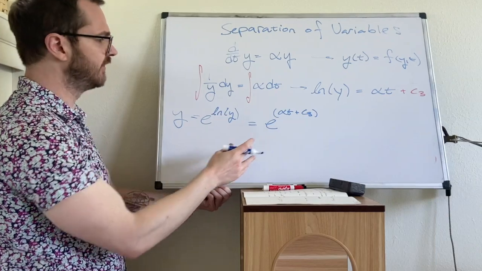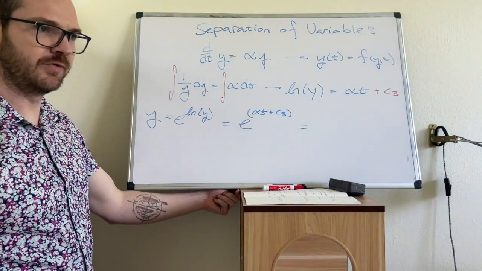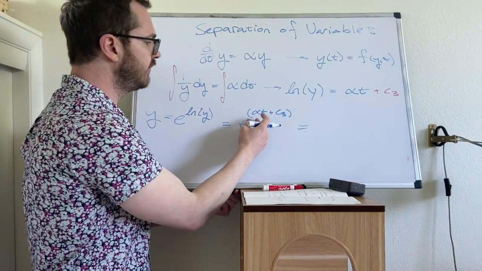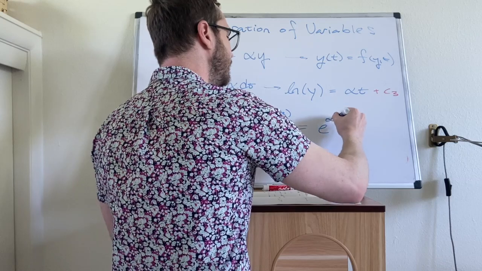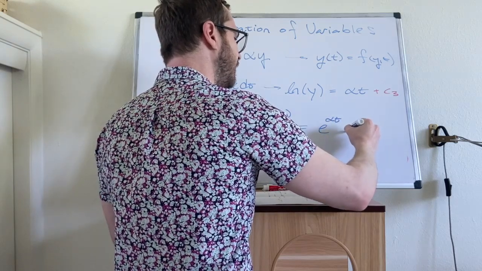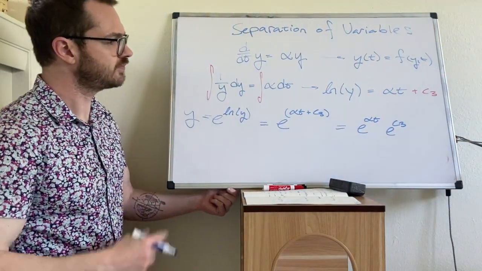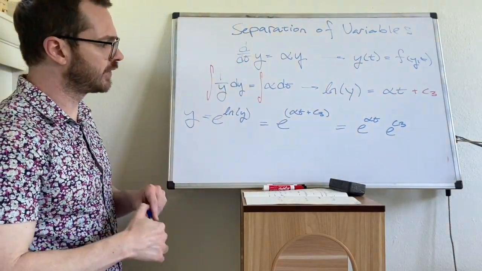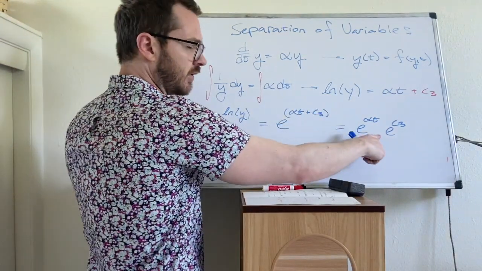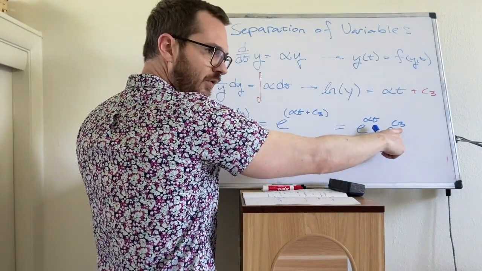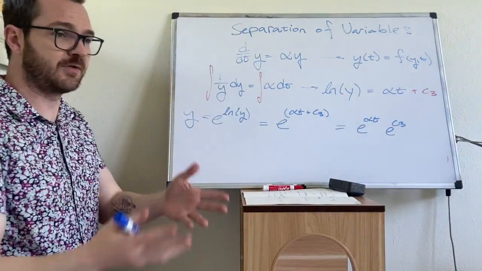What's going to happen on the right side? Well, there are some exponent rules that we can use. e to the alpha t plus C3 is also equal to e to the alpha t multiplied by e to the C3. Recall that e is just a number, 2.7. So it's a constant raised to a constant. So e to the C3 is also just a constant.